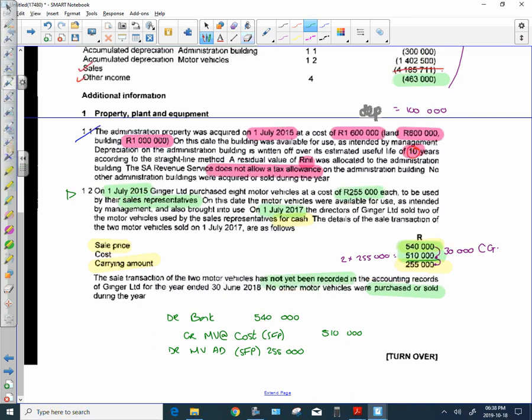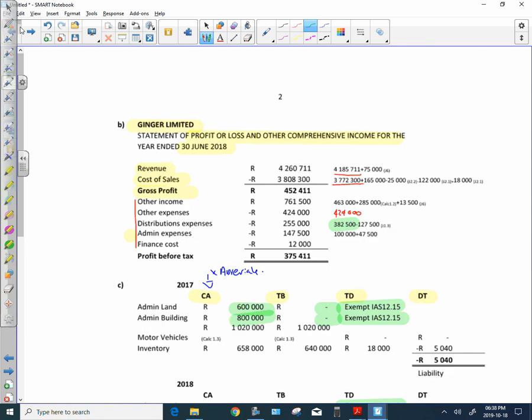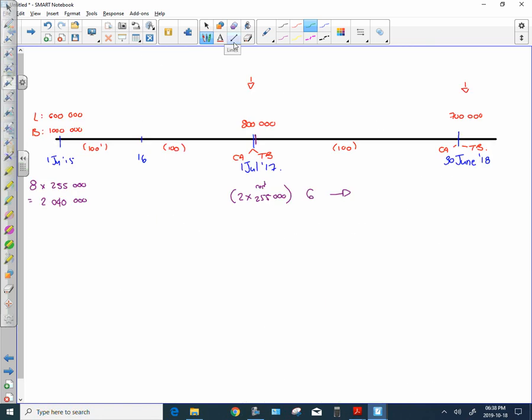Okay, so in this sense, my accumulated depreciation would then be 255,000. Going back to my timeline just real quickly, we bought these motor vehicles in 2015. We sold them on the first day of 2017. Can you see that 2 years have actually passed since purchasing them? If I know that in these 2 years I've basically written off 50%, they haven't told me straight line or the other one, diminishing balance method yet.